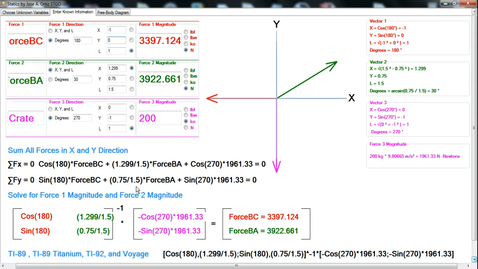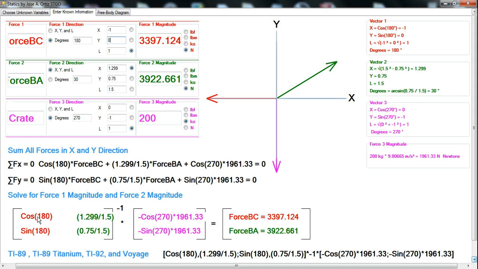Well, not by hand, I take that back, but if you have a TI-89, you just set up your equations, put the matrix into the TI-89, TI-89 titanium, TI-92 and Voyage, and you will be done. And if you get good at this kind of problems, you can solve them in less than 4 minutes. I am not exaggerating.